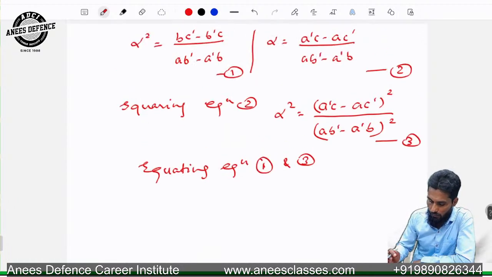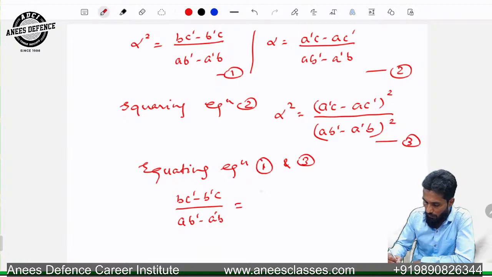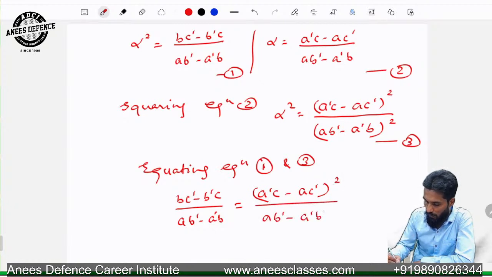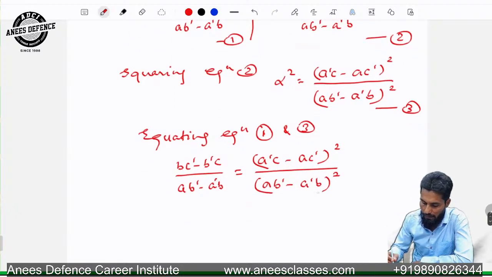So put the values now. Alpha square, you can see in equation number 1 and 3, that is bc dash minus b dash c divided by a b dash minus a dash b equal to a dash c minus a c dash whole square divided by a b dash minus a dash b whole square. When you see both equations, the denominators are the same.